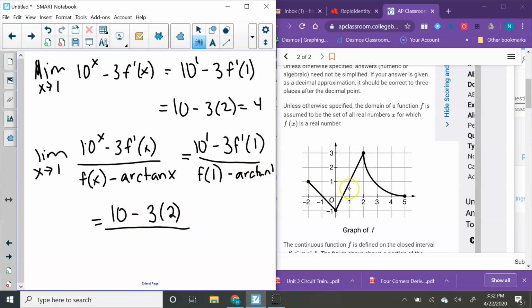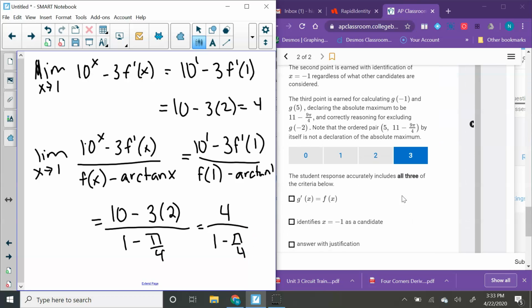F of 1, this isn't looking for slope, but rather just the y value whenever x equals 1. So that is 1 minus arctangent of 1. And so arctangent 1 is inverse tangent. You could just do that on your calculator since it's going to be allowed. Inverse tangent of 1 is pi over 4. And then you can just leave it right here. Or if you would rather, you'll get 4 over 1 minus pi over 4. I definitely would not simplify it any further than that.